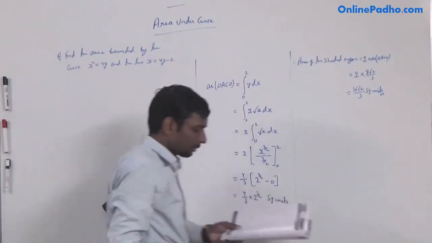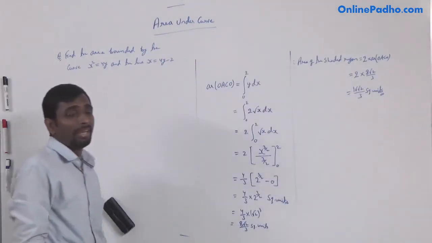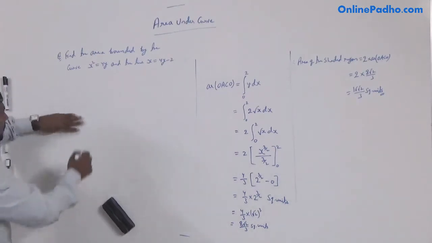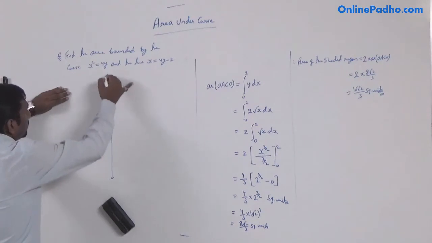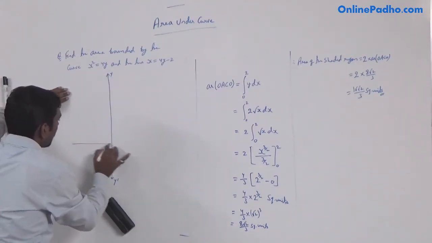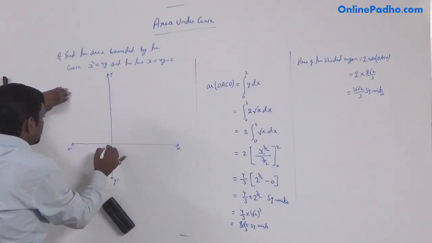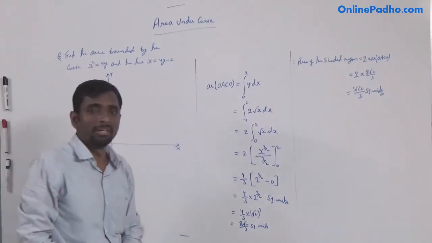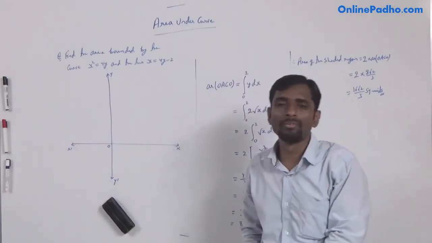So now in this question we have a parabola with a straight line. The very important thing in this question is, how can we draw the graph? If you know how to draw this graph, then you can find the area very easily. Let us see. We have a parabola x square equal to 4y. Now you know how to draw the graph for x square equal to 4y.